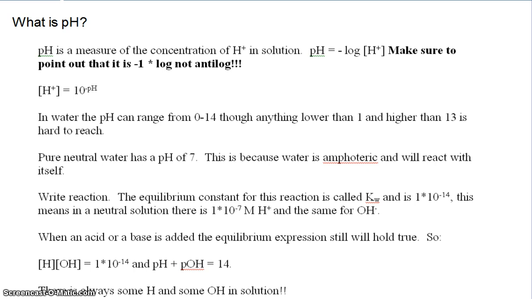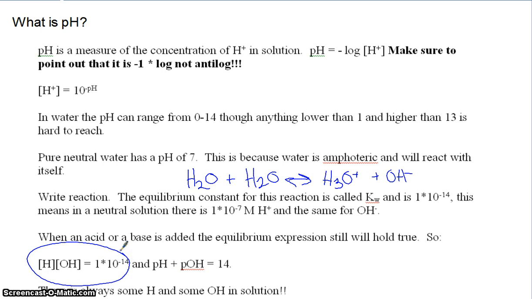Since water is both an acid and a base, water can react with itself to make H3O+ and OH-, and this is an equilibrium reaction. Because of that, the concentrations of H+ and OH- in water always have to multiply to 1 times 10 to the negative 14th, which means the pH of something and the pOH have to add to 14. Okay?